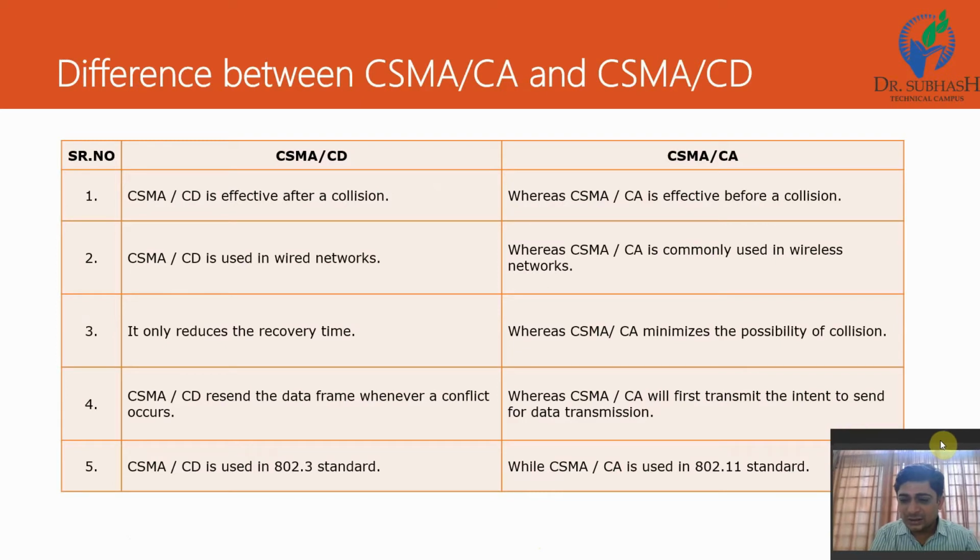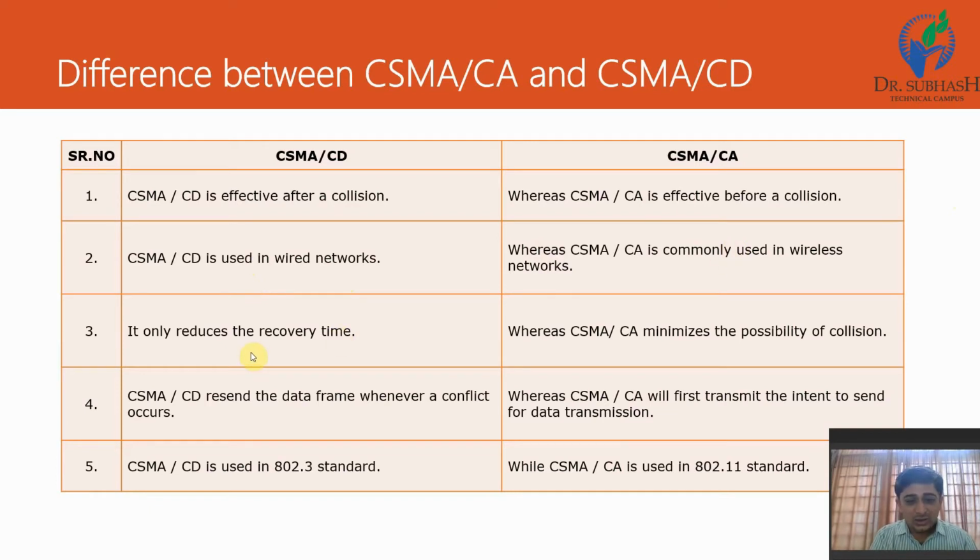Let us discuss. First one, CSMA/CD is effective after a collision. That means whenever we collide the data, then CSMA/CD takes effect, it works. And CSMA/CA works before transmitting, before collision. CSMA/CD uses a wired network, while CSMA/CA can use a wireless network.